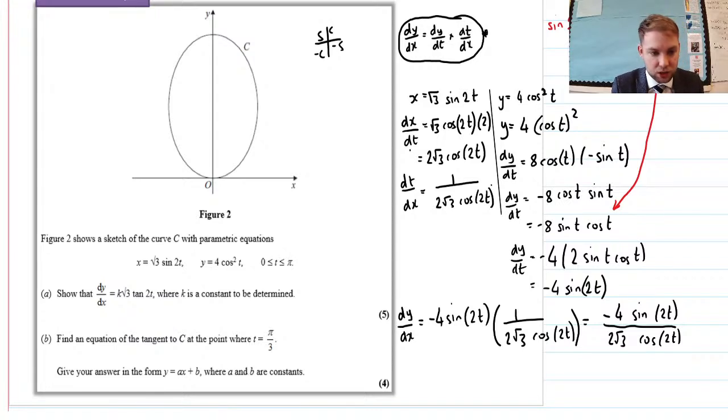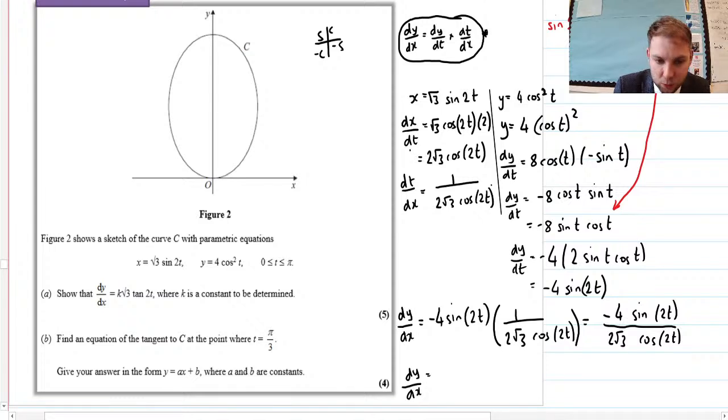And that gives me negative 2 root 3 over 3. Let's just write that down. So this gives me dy by dx is equal to negative 2 root 3 over 3 tan of 2t.